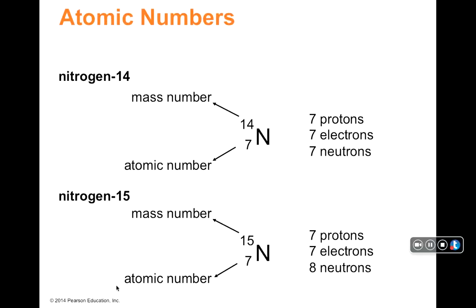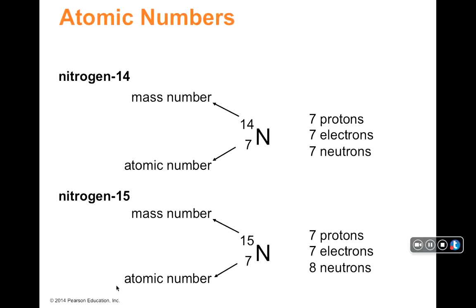So this is two different isotopes of nitrogen, nitrogen-14 and nitrogen-15. What you see there, with the chemical symbol and the numbers, is representing that isotope. I think one of the problems in the homework asks you to write an isotope symbol. It's always written in this way with the numbers on the left.